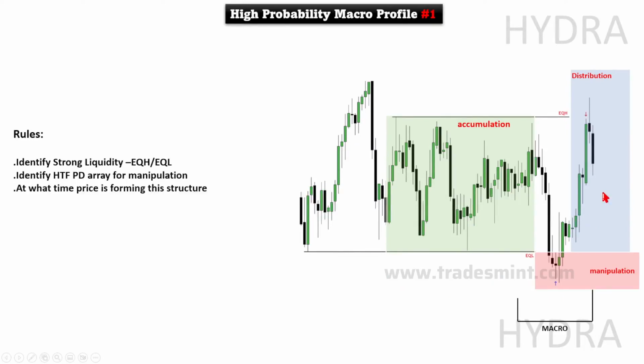Take note folks, we are looking for this structure to form inside 1 minute, 2 minute, 3 minute. At what time? Inside our macros. Then we are looking for the distribution and the manipulation happening inside the macros, and that's it. That's the structure here, and it requires no bias.